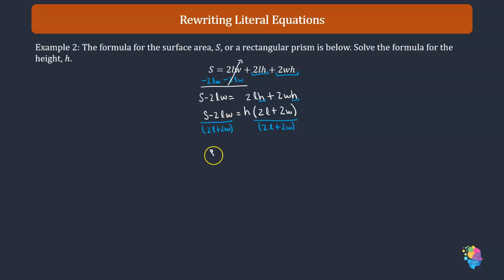On the left side we have s minus 2lw over 2l plus 2w, and we're going to leave it like that. We're not going to do anything else to the left side. On the right side, 2l plus 2w divided by 2l plus 2w goes to 1, leaving us only with an h, and we have arrived at our answer because they wanted us to solve for h, and h is already on its own.